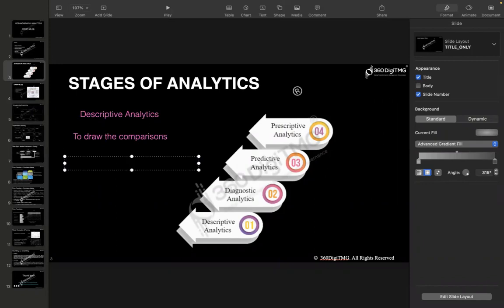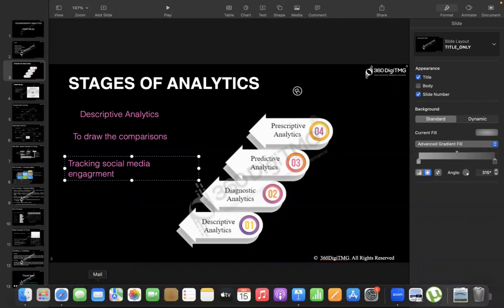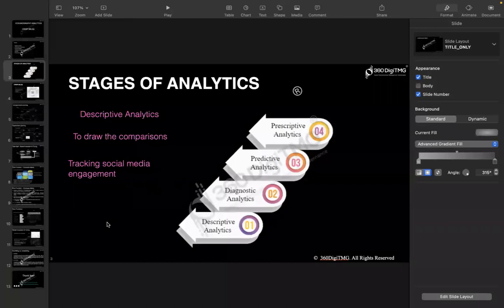So we can use tracking social media engagements. So this was the first use case.